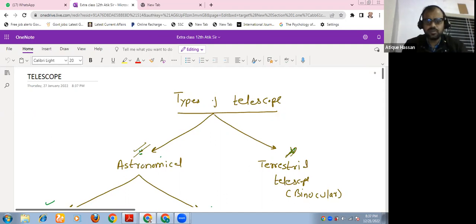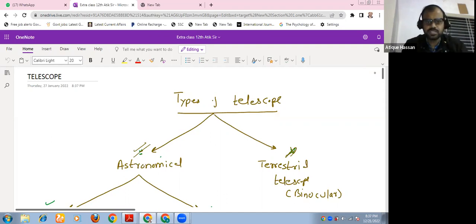Generally, what a telescope does is project distant objects to a desired position.